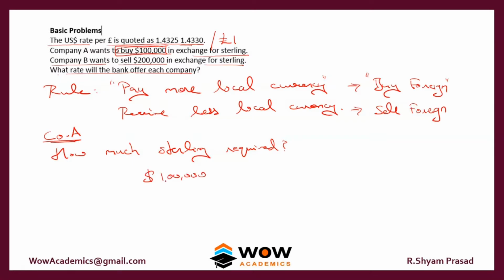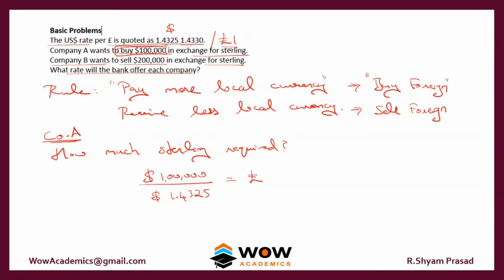Should we divide or multiply? The dollar is a higher number when compared to the pound, so the pound should be lower than the dollar when we compute. The pound should be a lower number because that is how the parity is. So should you multiply or divide? You should divide. Divided by which number? If you divide by 1.4325, you'll get the pounds.